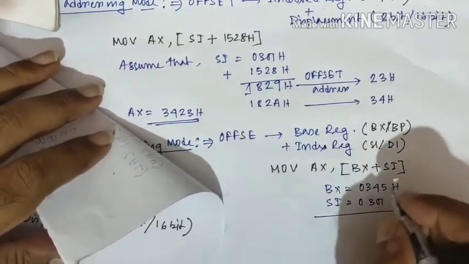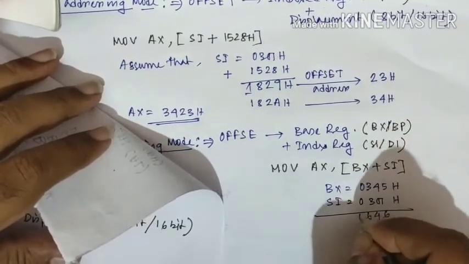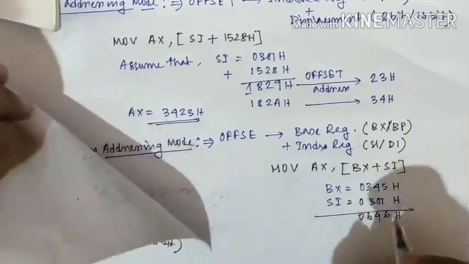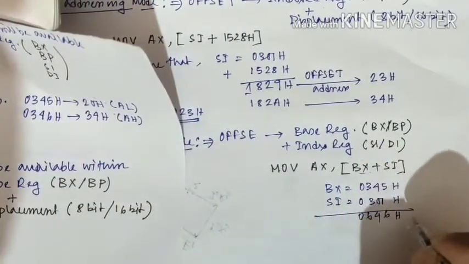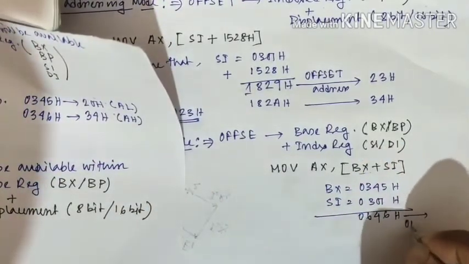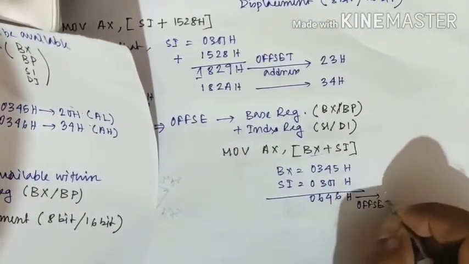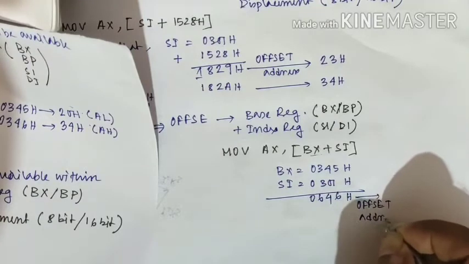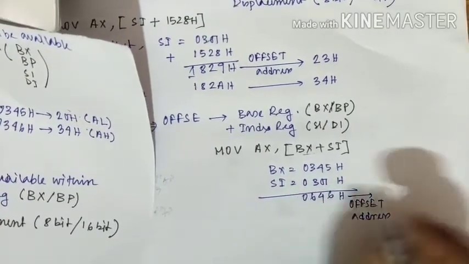So simply add them: 0645 plus... 0646 hex. So this is the value. After the addition, this value will be treated as the offset address. From this address we will get the first data for AL.